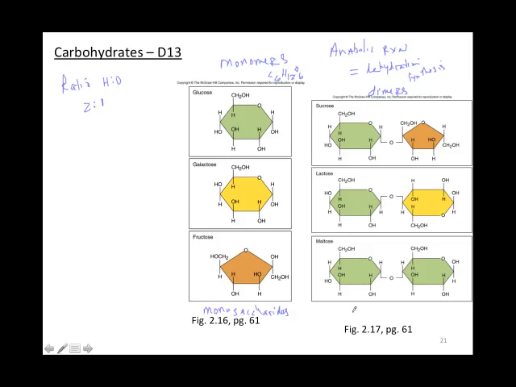Dimers of carbohydrates are called disaccharides. And what we see here is sucrose, which is table sugar, lactose, which is the sugar in milk, and then maltose, which I believe is the sugar that you find in malted grains and things like that for making beer and barley-based malted beverages.